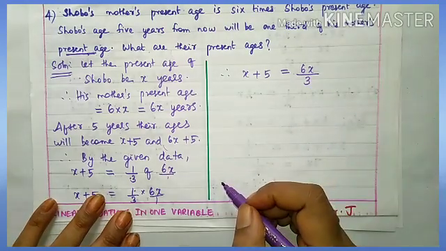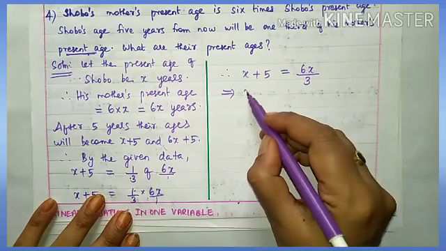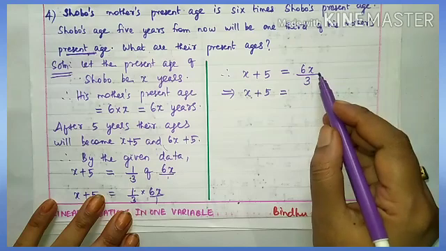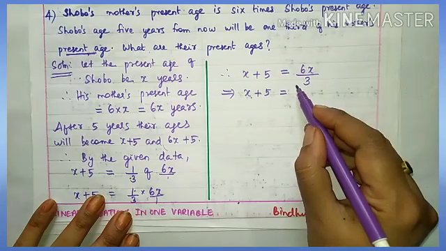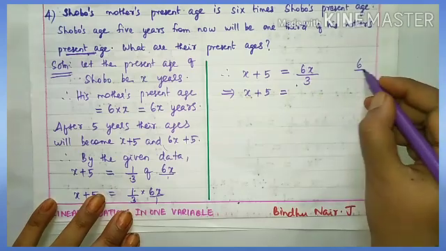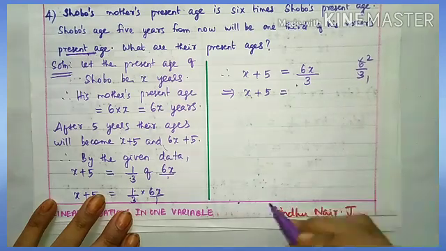Okay. Now what do we want to do? This implies x plus 5 is equal to 6x by 3. What is the meaning? We can reduce this also, no? 6 by 3 is a fraction. We can reduce this. 1 3 is 3, 2 3s are 6.